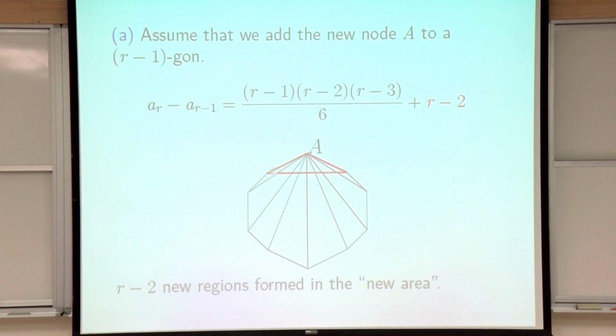So in this part we have r minus 3 diagonals here. So the number of new regions in this new area is r minus 2.